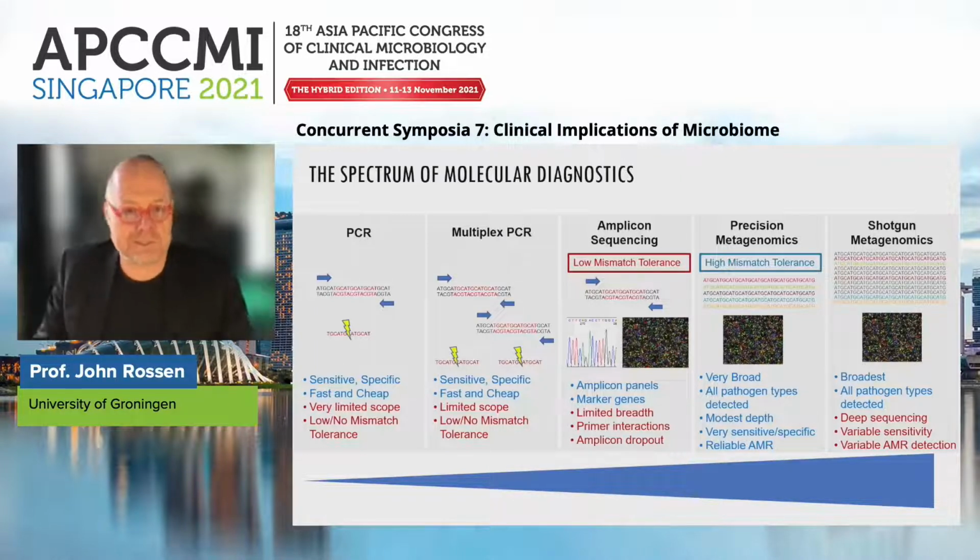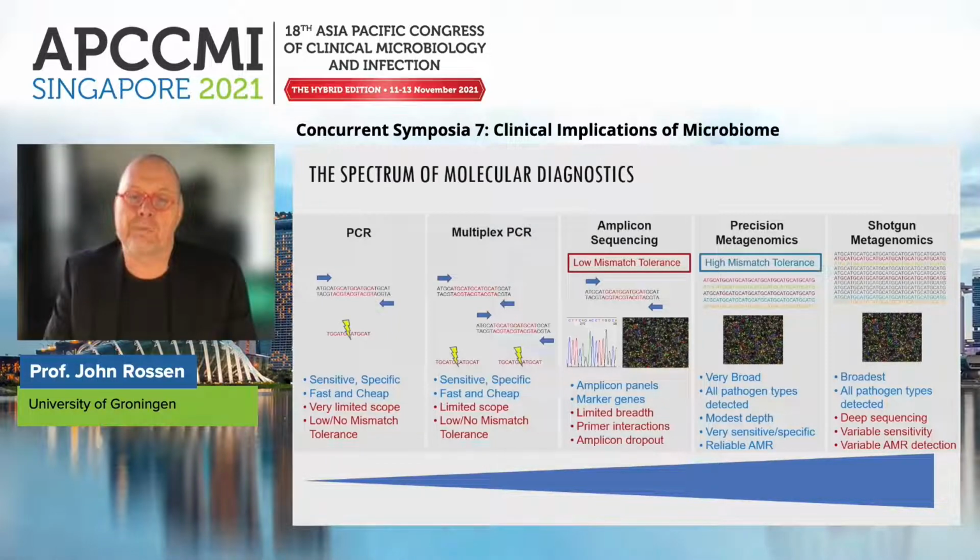Now, whereas amplicon sequencing allows you to be sensitive, it has only a limited breadth. Moreover, it has a low mismatch tolerance. Shotgun metagenomics is very deep, but it has variable sensitivity, and especially for the detection of antimicrobial resistant genes.